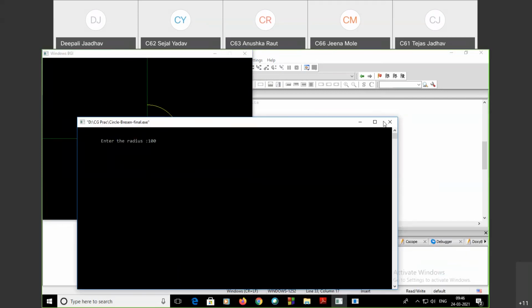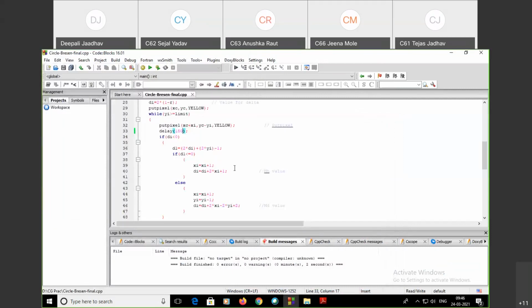Only the first quadrant. After that, the next part is reflection through the x-axis, then reflection through the y-axis. If you want, you can implement it, but at least the first quadrant you have to implement.